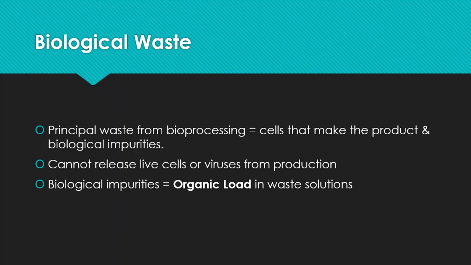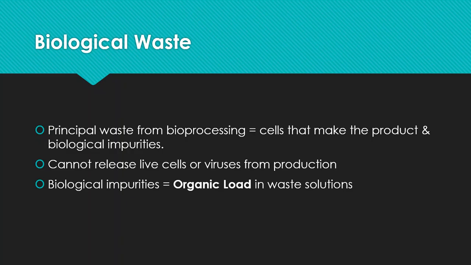We cannot release live cells, and we cannot release live viruses into just the Cape Fear River. That is not how this process is supposed to work. So you have to take extra steps and extra care when it comes in contact with bioprocessing types of production. We've got to make sure that if they are present, they are totally and fully dead, and we've got to kill them, and they've got to stay dead.